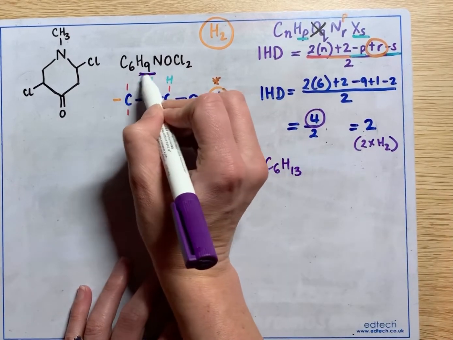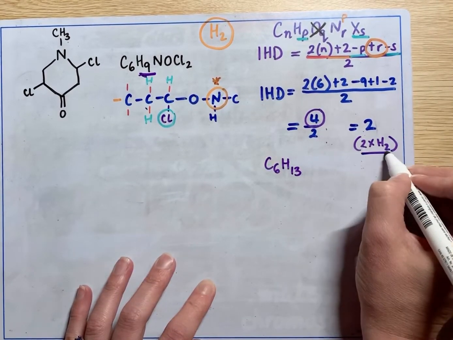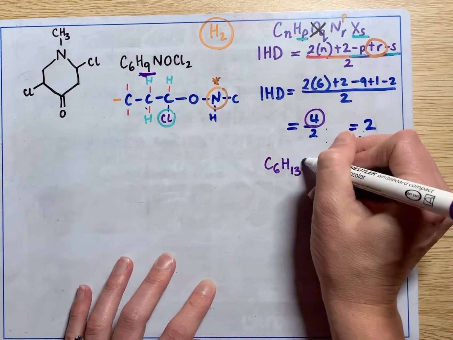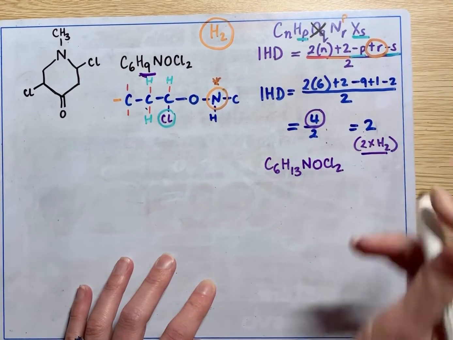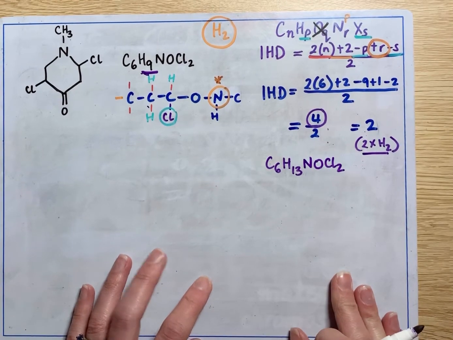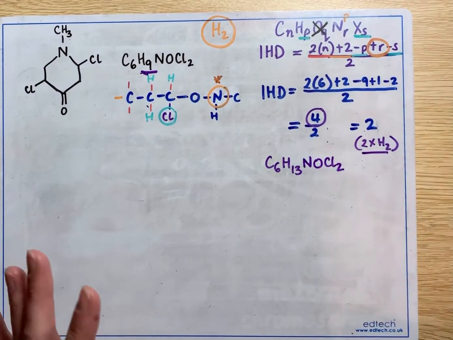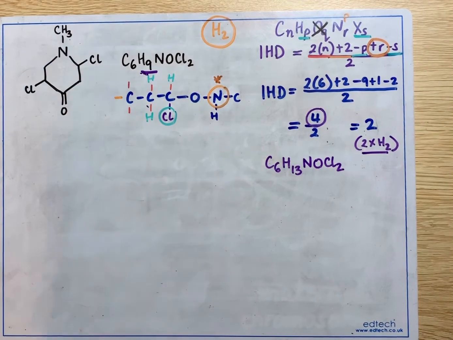So that's the 9 here plus the 4, or 2 lots of H2. And then our other ones remain unchanged. And that's our formula of what our possible non-cyclic compound would be.